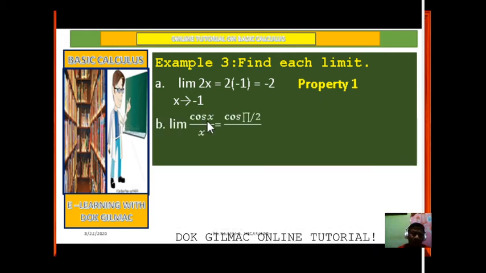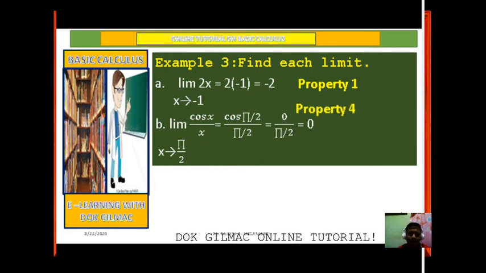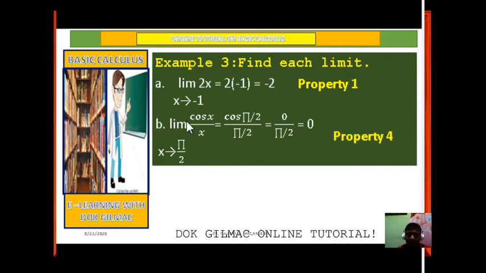The limit of cosine x over x as x approaches pi over 2 is just equal to cosine of pi over 2 over pi over 2, which is simply equal to 0. Take note, 0 over pi over 2 is 0. In this case, property 4 is illustrated.